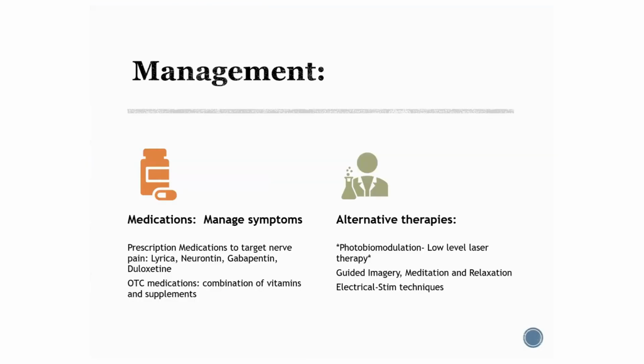So in terms of management, you probably all know these medical management strategies, but really there's no gold standard as to what will help with neuropathy, which is very trying. Typically individuals will get prescribed Lyrica or Neurontin, gabapentin, or duloxetine.